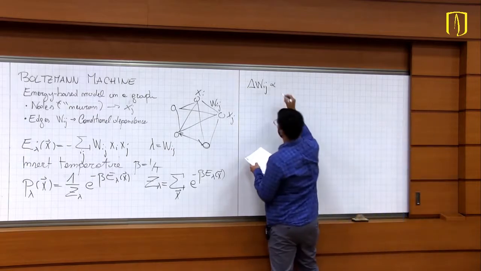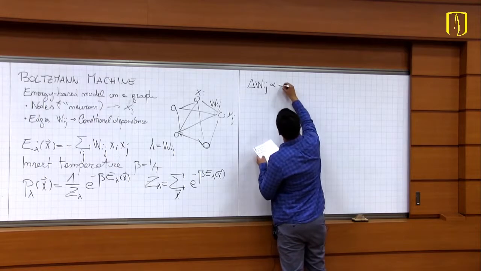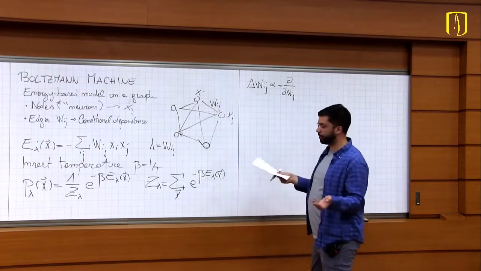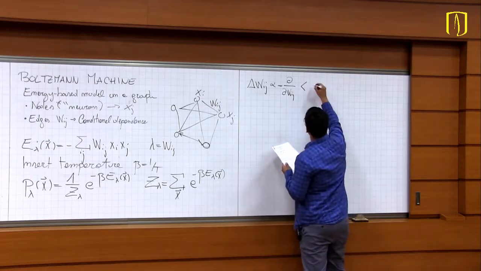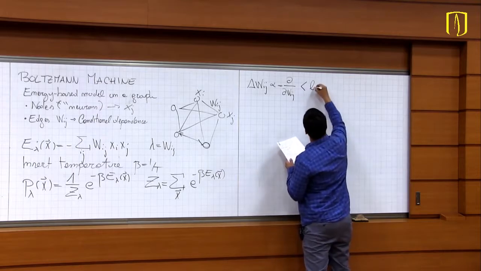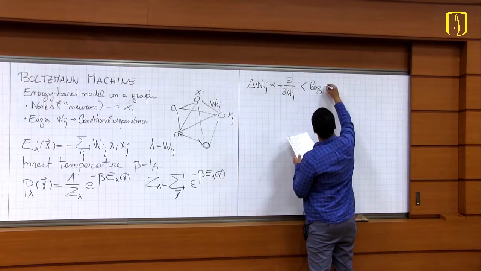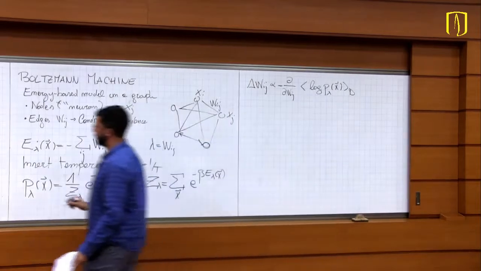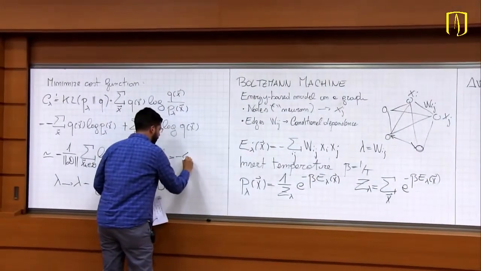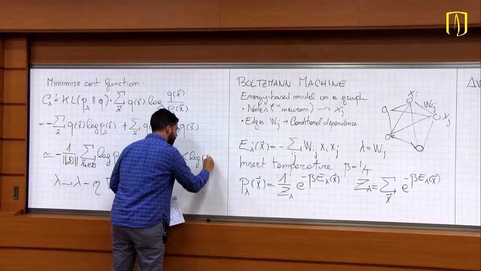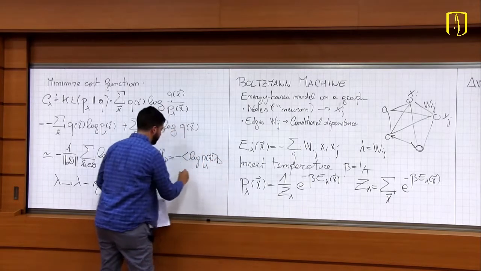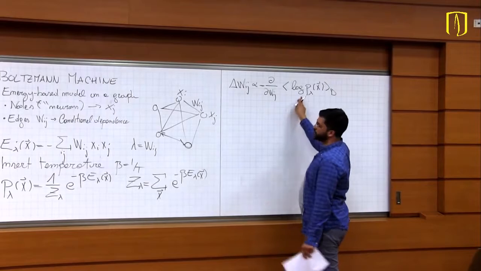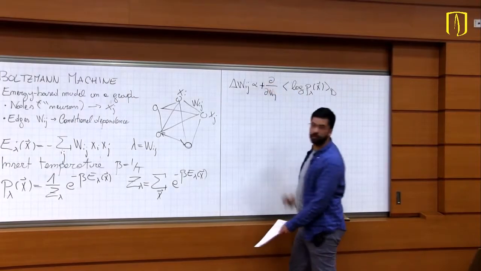So this is proportional, with the learning rate, to minus the derivative with respect to wij of the cost function, which is just the average of the log probability of x with respect to the data. So I have minus the gradient of the cost function, but the cost function has a minus already, so I get a plus here.